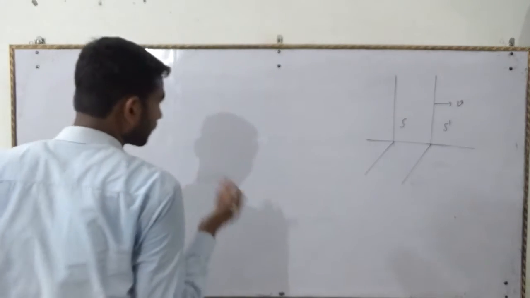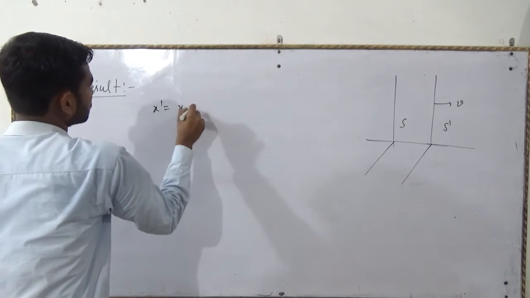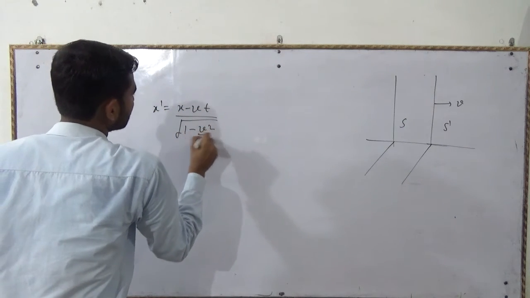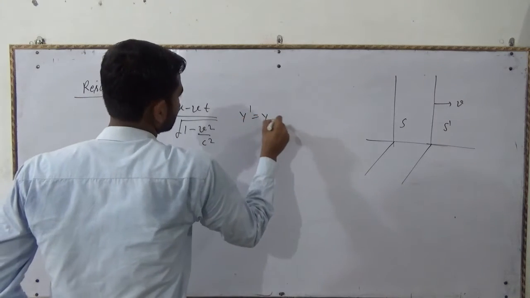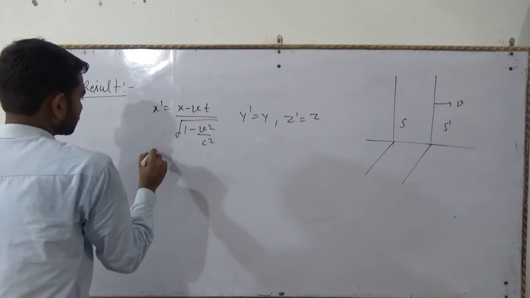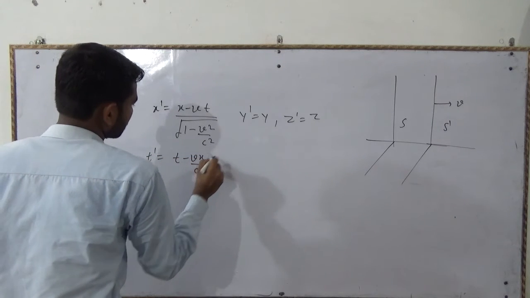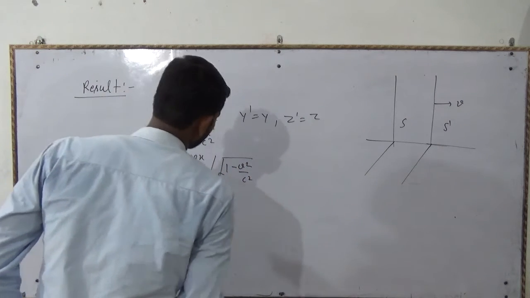Then we have found the result: x dash is equal to x minus vt upon under root 1 minus v square by c square, y dash is equal to y, z dash is equal to z, and the value of t dash we have found as t minus vx by c square upon under root 1 minus v square by c square.